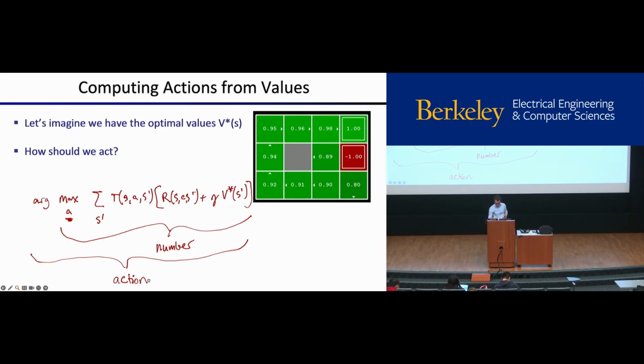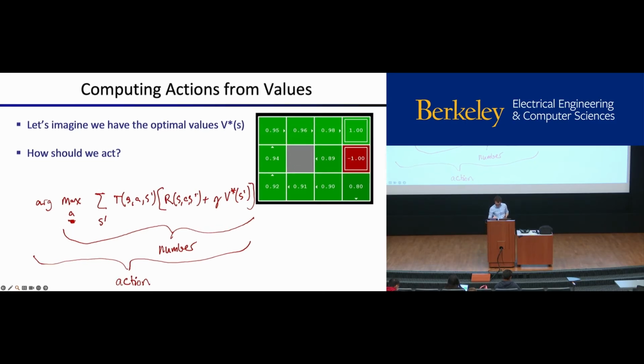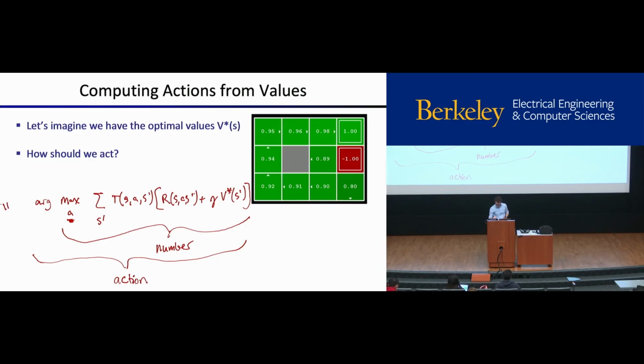So then we can say that pi star of s is equal to the argmax over this expression. All we've done is take our same Bellman equation from before, and now it's not recursive. We don't have V star in terms of V star. We can define pi star in terms of V star if we just replace the max with an argmax. Very simple change. Okay?